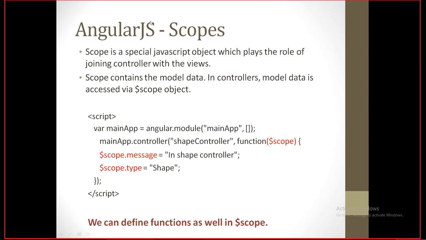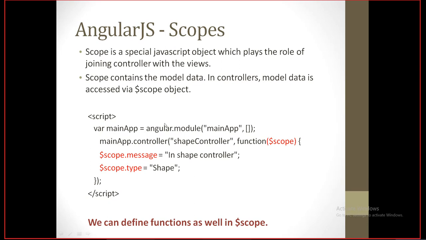Okay. So the scope object contains model data, or in simple words, we will call it the application data. Like the application data in the last example was the message variable, right? So that is carried in the scope object. And any controller that we are using will be able to access the model data through the scope object.